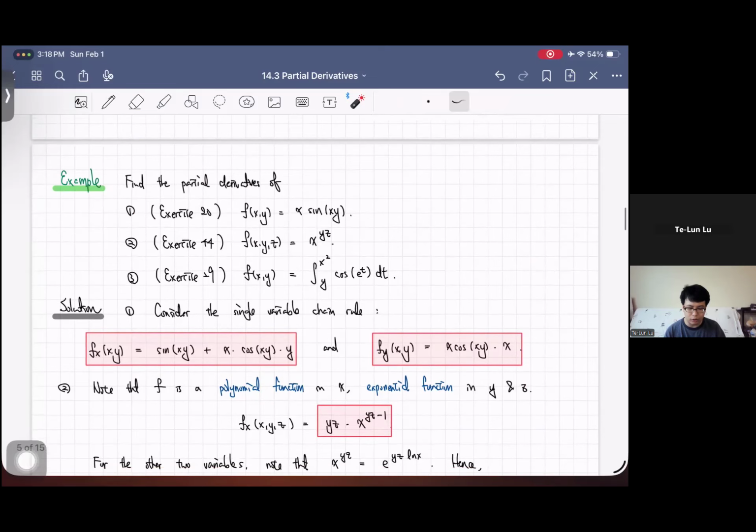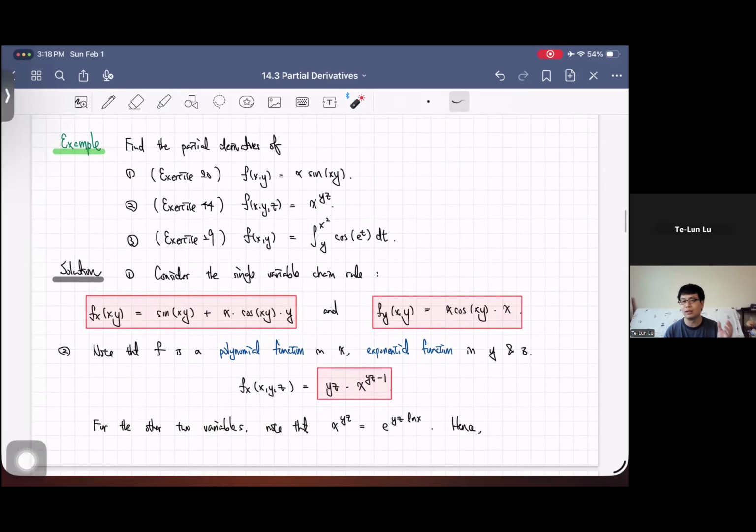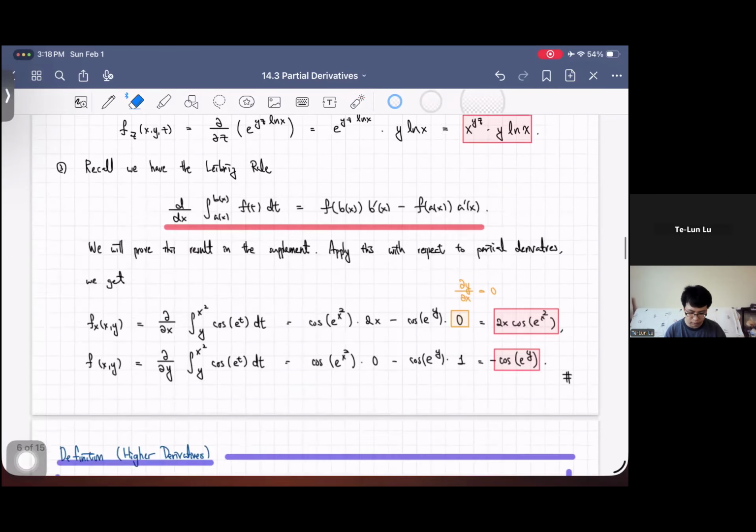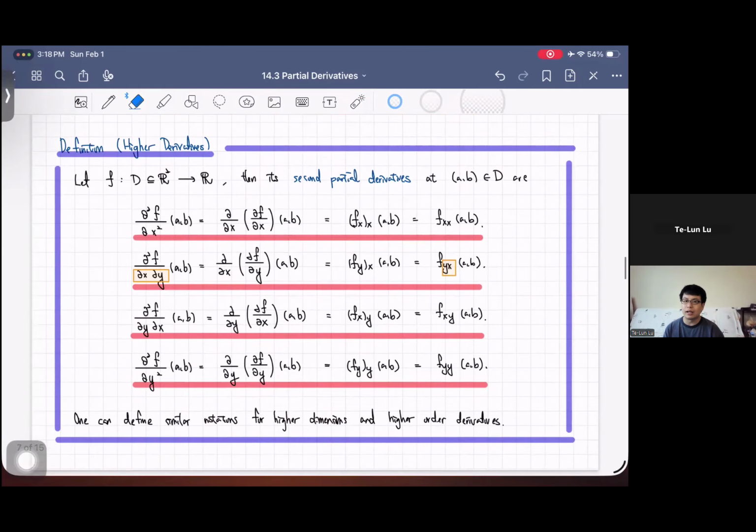And we figured out that to evaluate the partial derivative, you simply treat the other variable, which is not in question, as a constant, and then differentiate the variable that we are interested in. And next, we introduced the higher order differentiation, which involves fxx, fxy, fyx, and fyy.